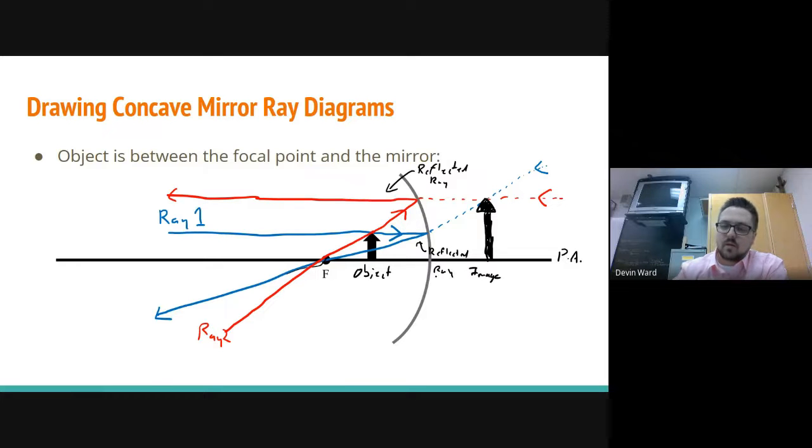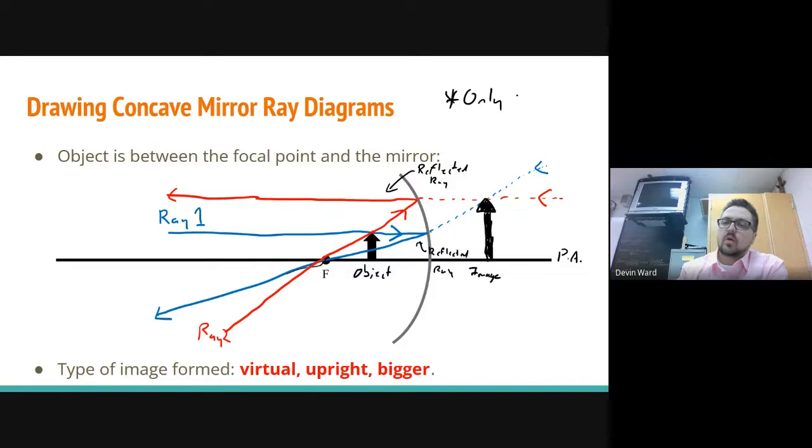Okay, so only extend the reflected rays. I know that might be a little bit confusing, but because they're only crossing over at the focal point, that's why you can't have an image there.